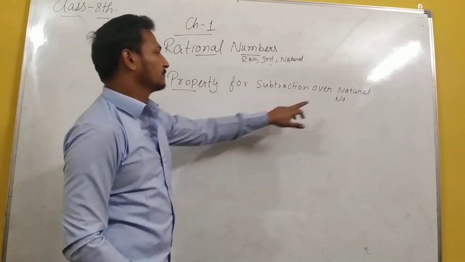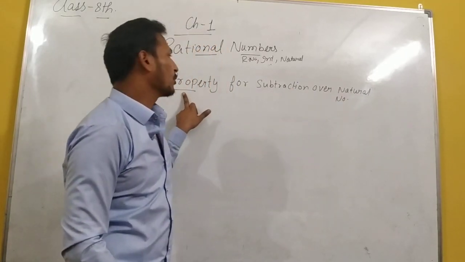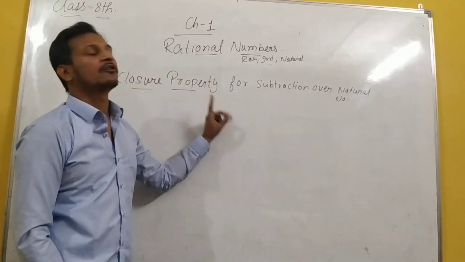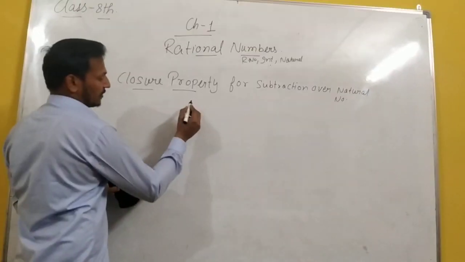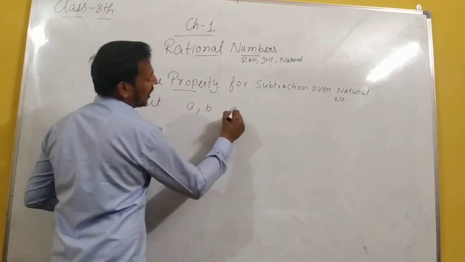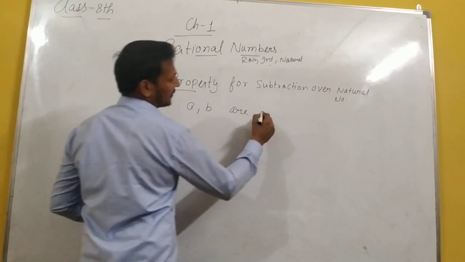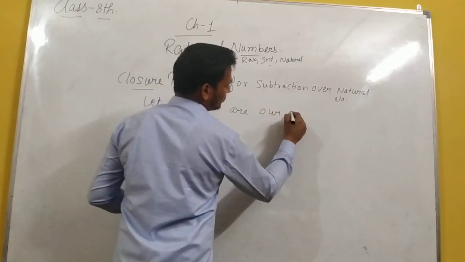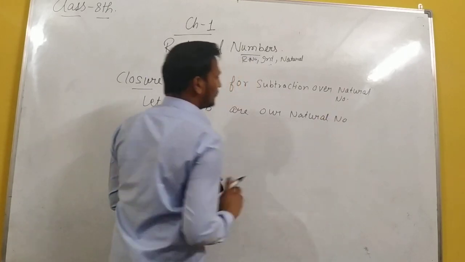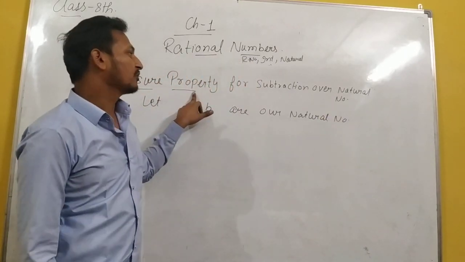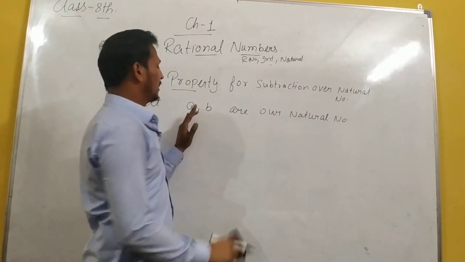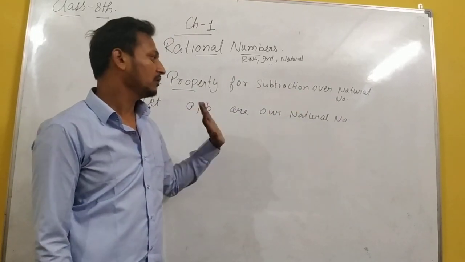Now what we have to check is closure property over natural numbers. Our first step is to take any two natural numbers A and B. Whenever they ask for closure property for subtraction over natural numbers, first we take A and B, any two natural numbers.